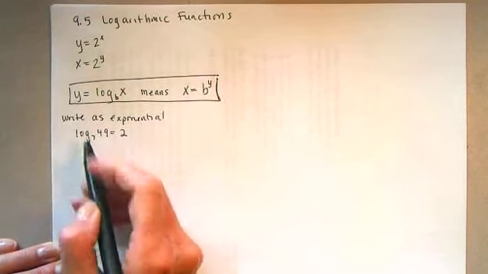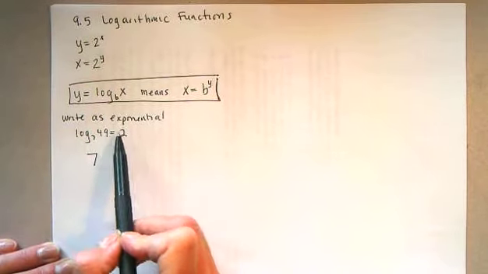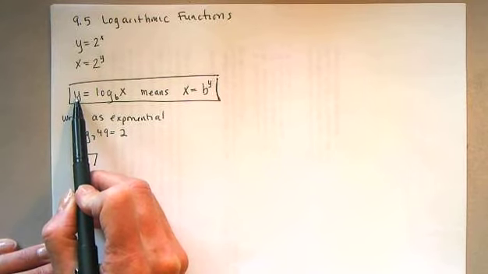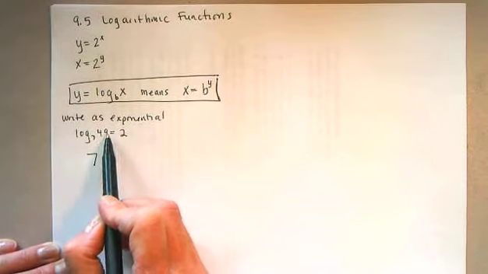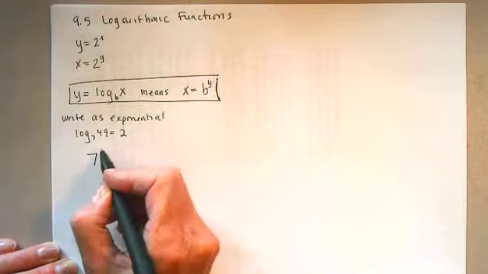So that 7 becomes my base. And then what the log is equal to becomes the exponent. So right here, the log is equal to 2, and that's going to become the exponent.